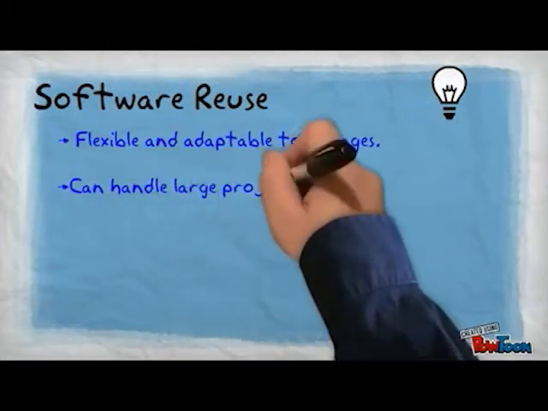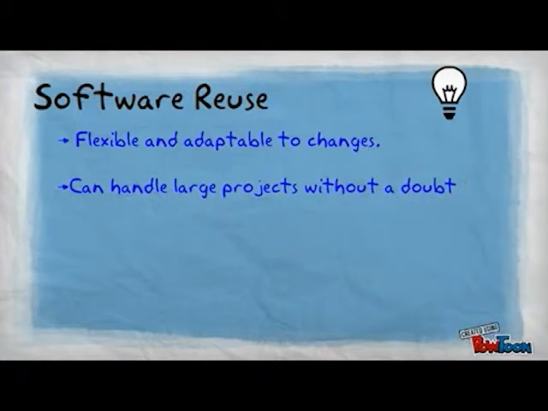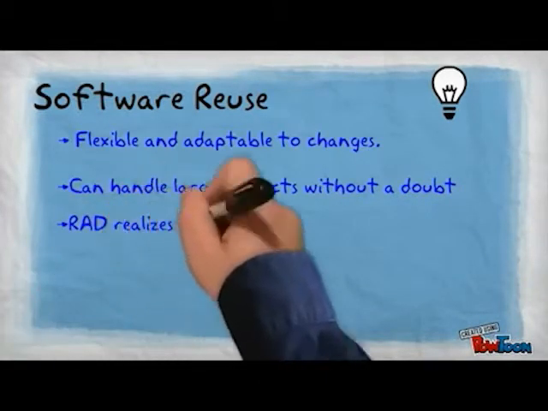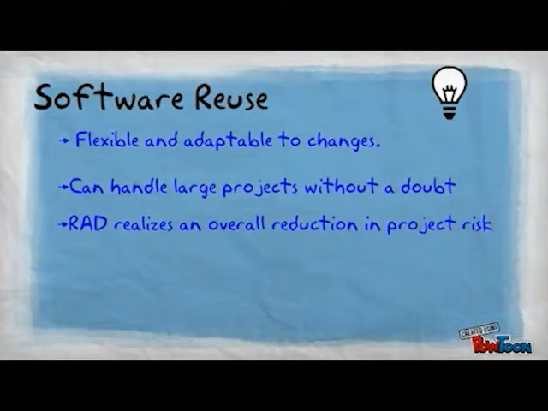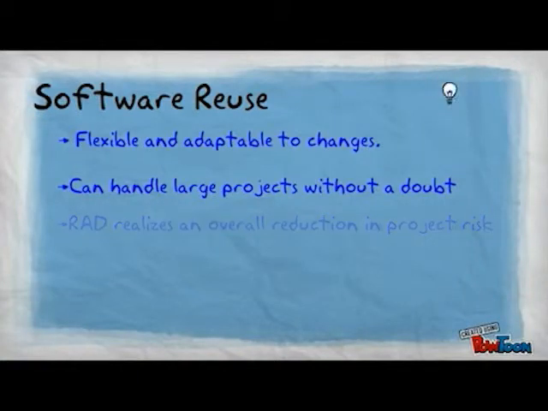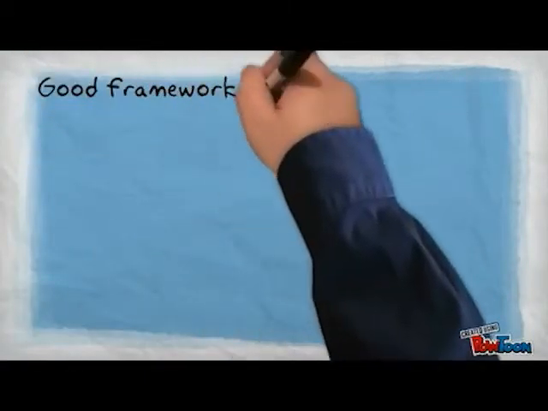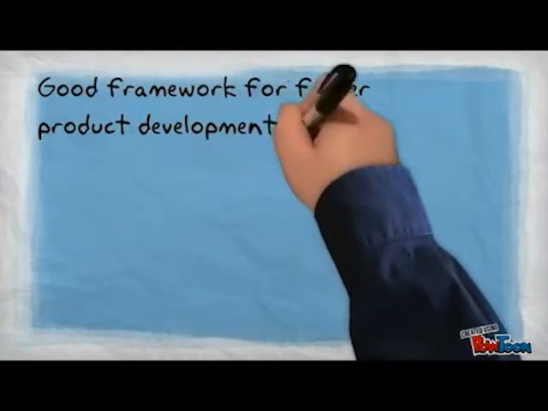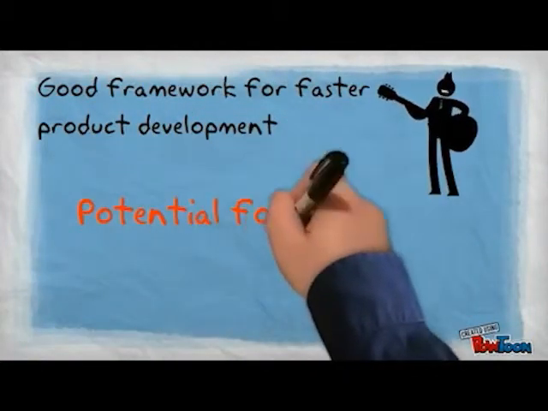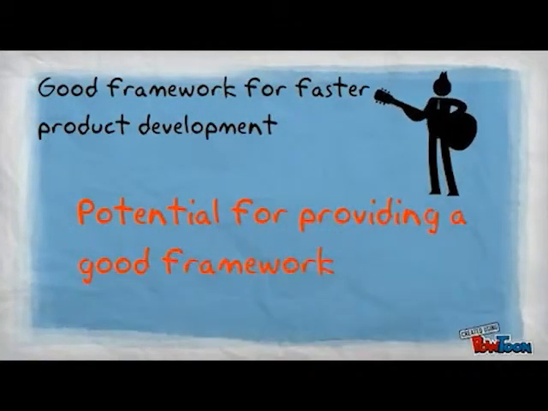Can handle large projects without a doubt. Rapid application development realizes an overall reduction in project risk. Good framework for faster product development. All types of rapid application development have the potential for providing a good framework for faster product development with improved software quality.